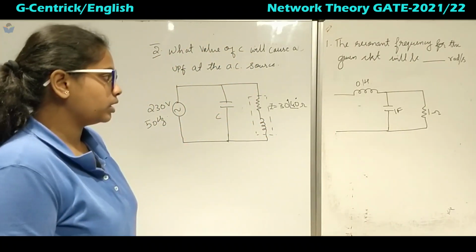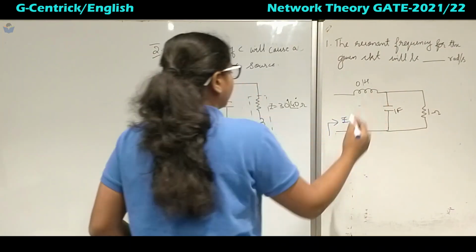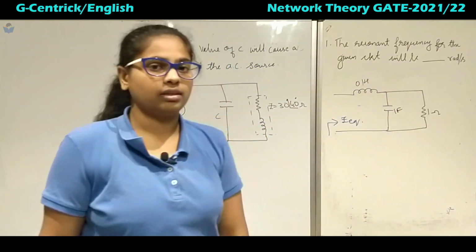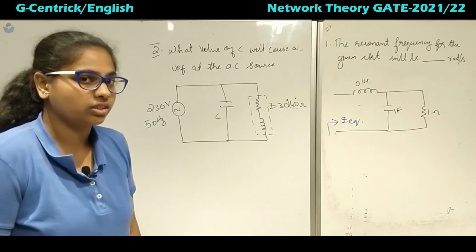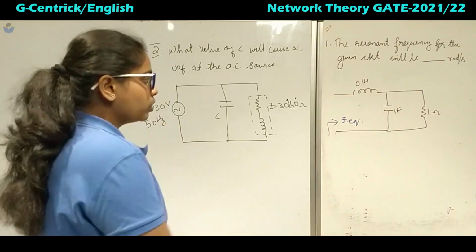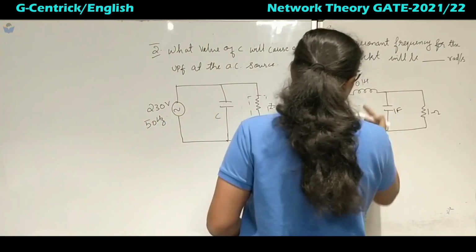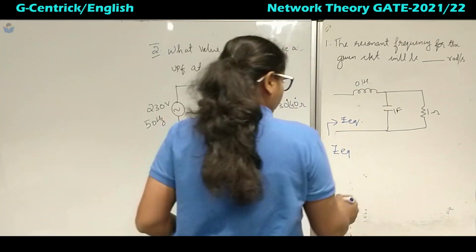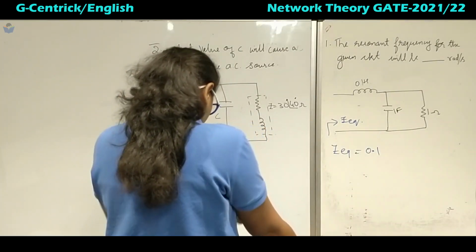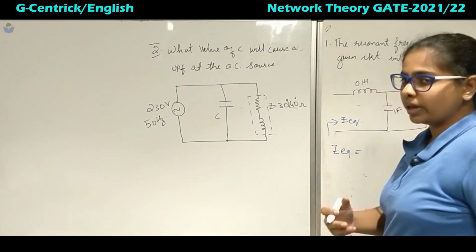For the resonant frequency, first we have to find the Z equivalent, then set the imaginary part involving XL and XC equal to 0, because at resonance the imaginary part will be equal to 0. To find the Z equivalent, these two are in parallel with the inductor in series. Basically it is j omega L, which we have to convert into ohmic values.